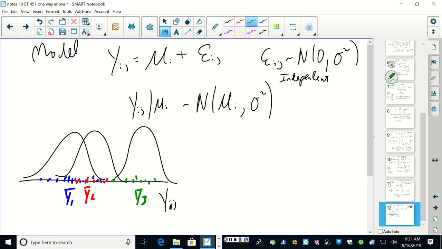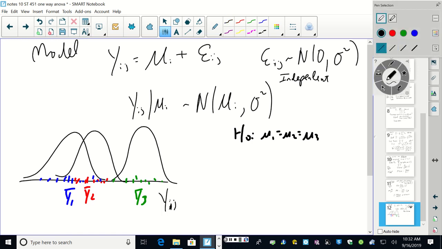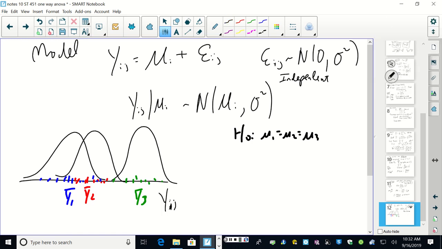This would be a case where the null hypothesis is not true, and there are really some differences, and we think those differences probably might show up. If, however, the means are all the same, under the null hypothesis that mu1 equals mu2 equals mu3, then you really only have one curve, one probability density that says where these values are.